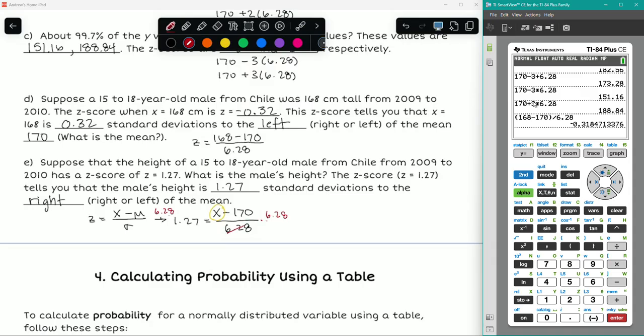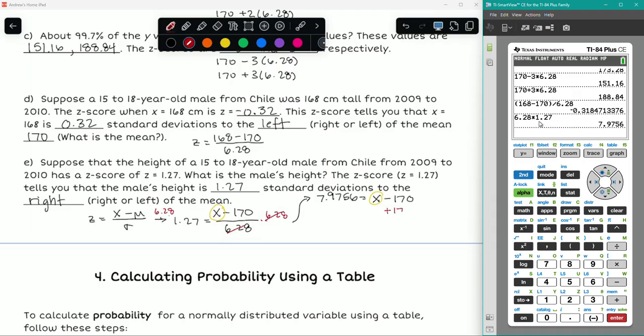And those guys are going to cancel. So on the left, I get 6.28 times 1.27. And I'm going to copy that whole number down. I don't want to round yet. So on the left, I get 7.9756 equals x minus 170. And then I know in order to get x by itself, I undo that subtraction with addition.